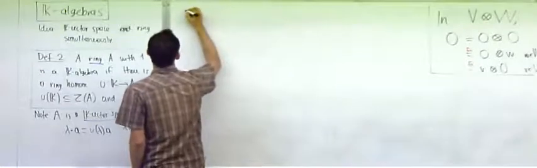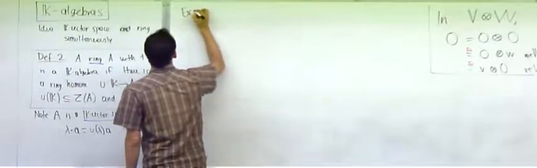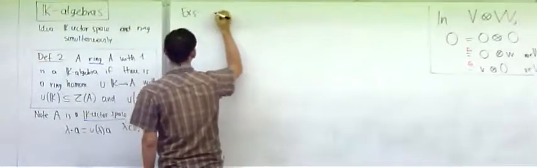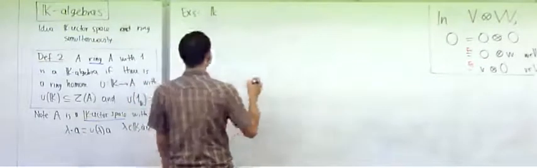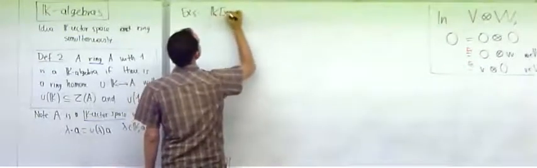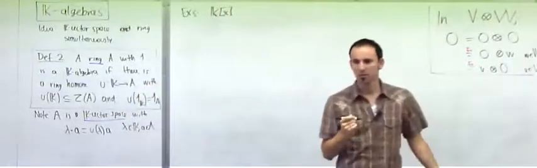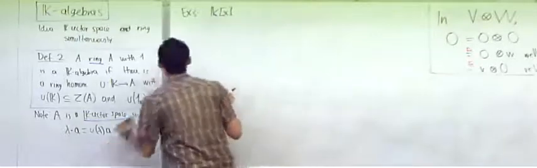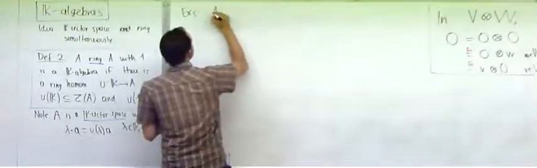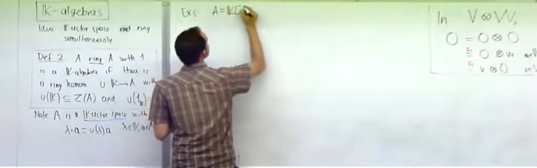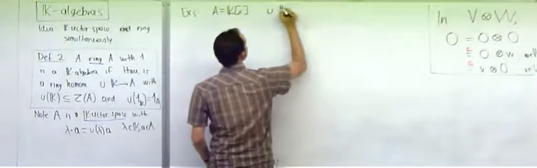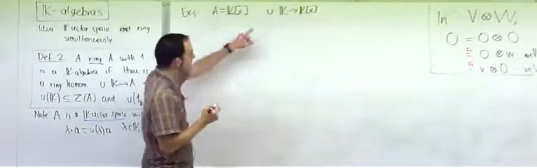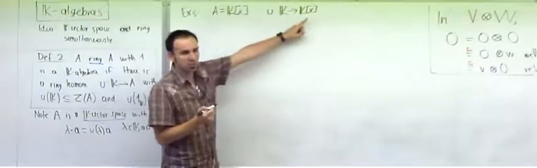We saw a couple of examples. For example, if I let A be the polynomial ring K[X], here K really lives inside the polynomial ring in a natural way, right?